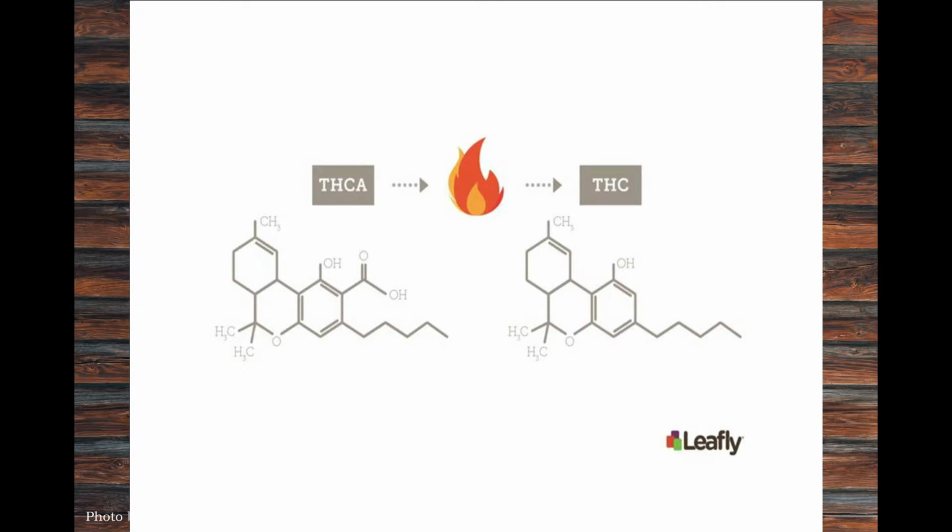So you have to get it to 240 degrees and keep it there for half hour or so, and that should do it. But it's the removal of the acid molecule off the chain here that changes THCA to THC. And you can see the heat is what gets it there.